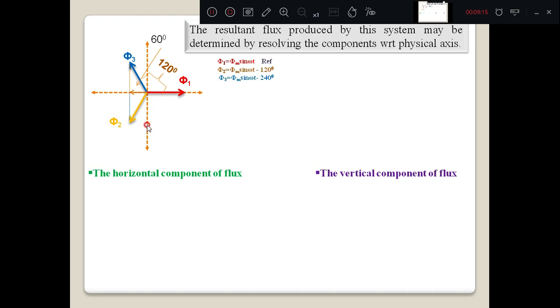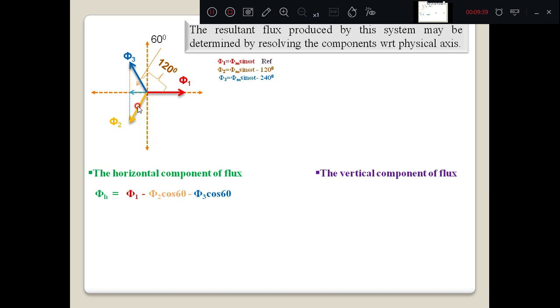What is the x component of phi 1? That is phi 1 itself. Then what is the x component of phi 2?